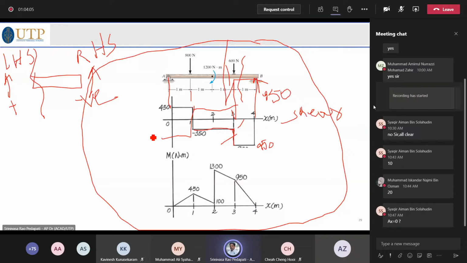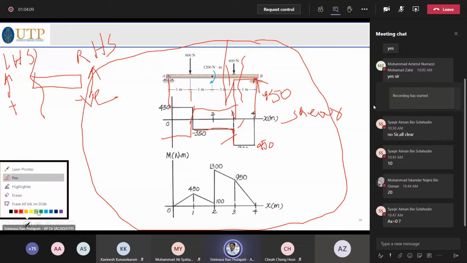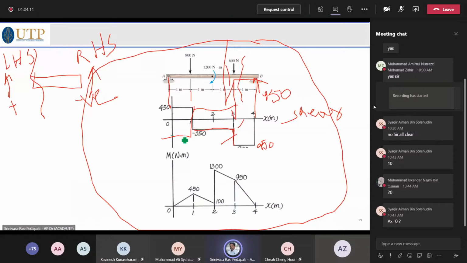So if you take the other convention, your figure looks like this. This green line also shows the other sign convention, but both upwards cannot be positive. That means left side or right side, you have to follow either the right hand rule or the left hand rule.